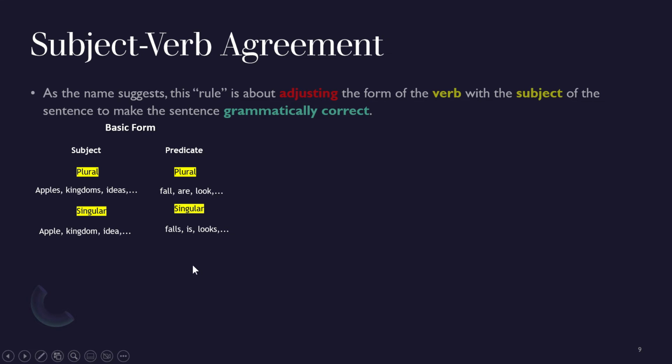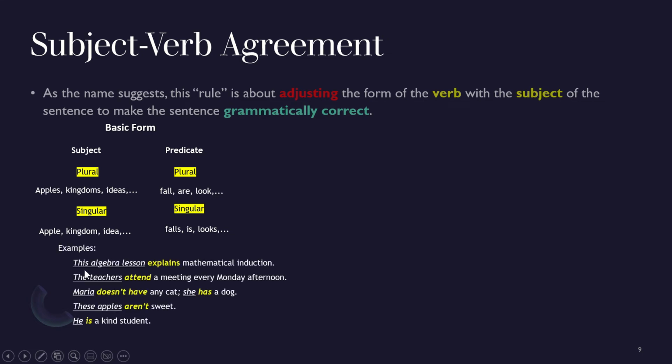You see this? Or the example, this algebra lesson explains mathematical induction. This algebra lesson here indicates that the noun is only one, the lesson is only one. Therefore, the verb must be in singular form. That is, using s at the end of the word.